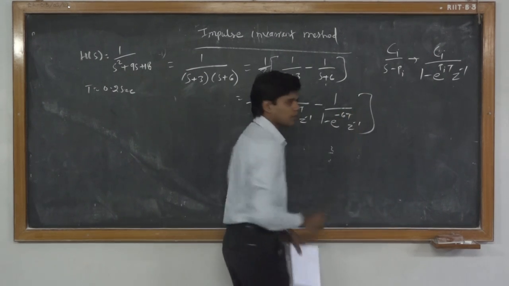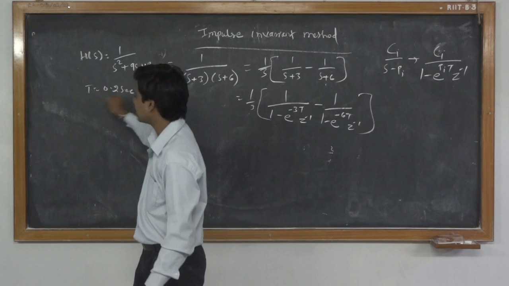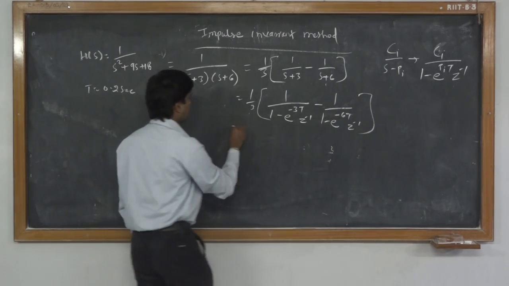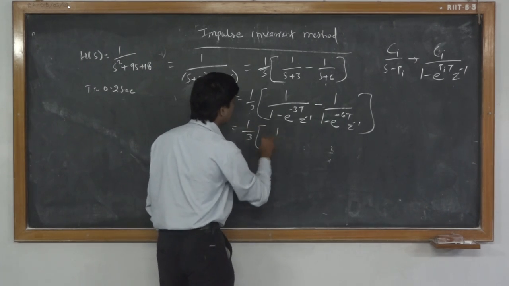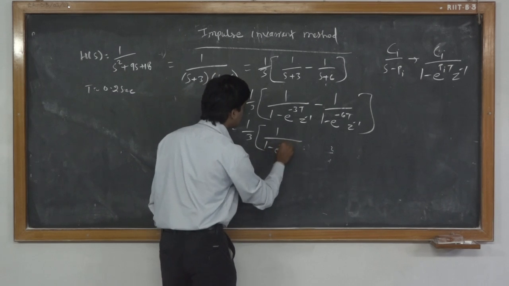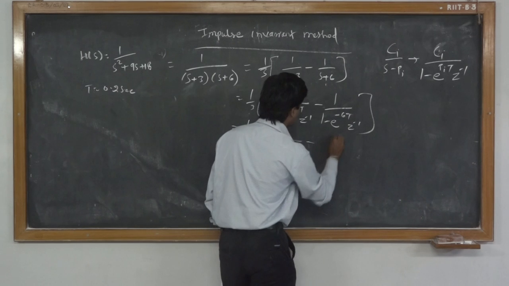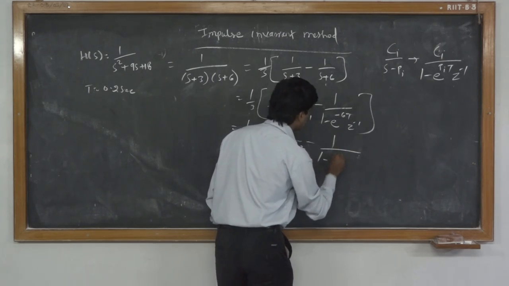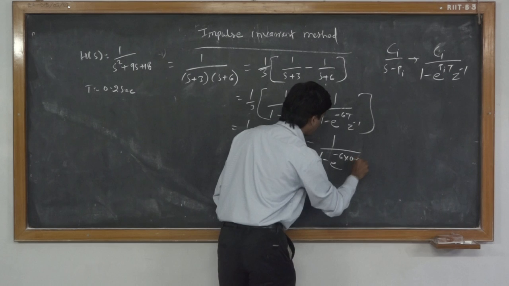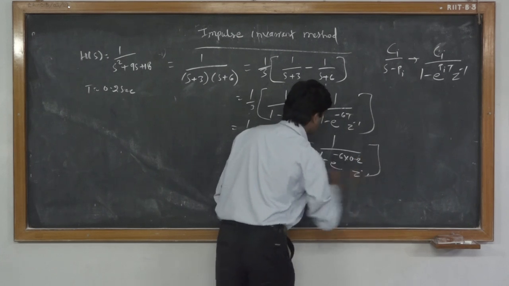Now this T comes into picture, that is given in the main question, that is T is 0.2 seconds. So when we substitute it there, we are going to get 1 upon 1 minus e raised to minus 3 into 0.2 z inverse minus 1 upon 1 minus e raised to minus 6 into 0.2 z inverse.